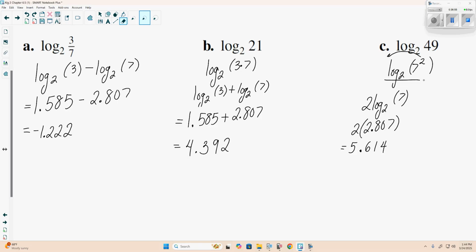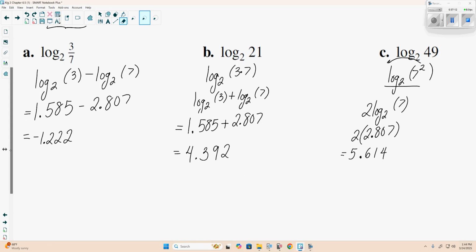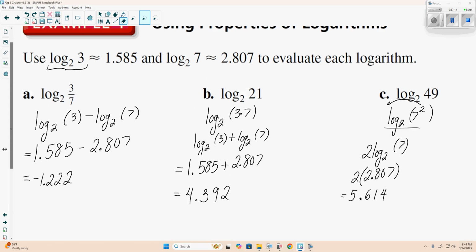I don't have to list log base 2 of 49 or any other power of 7 or any other power of 3. Having log base 2 of 3 and log base 2 of 9 is redundant. So it helps me decrease how many of these logs I actually have to print and the space we have to use up. Makes things a little bit nicer.